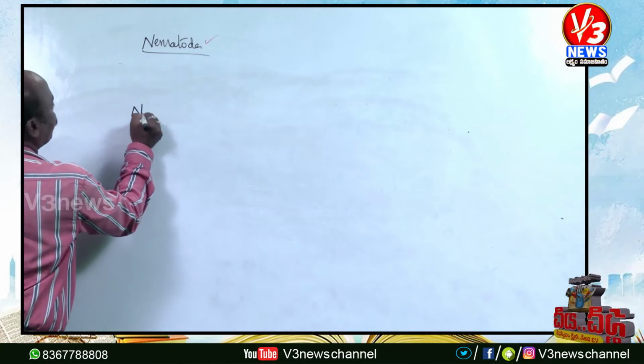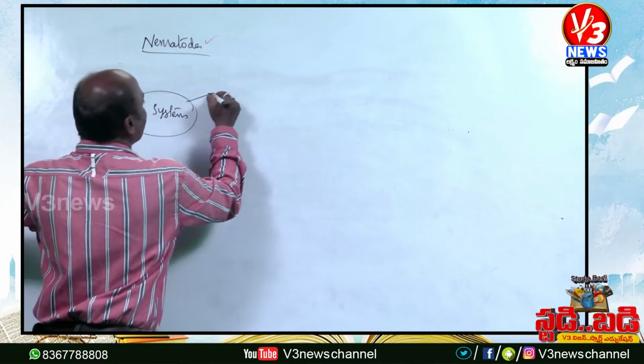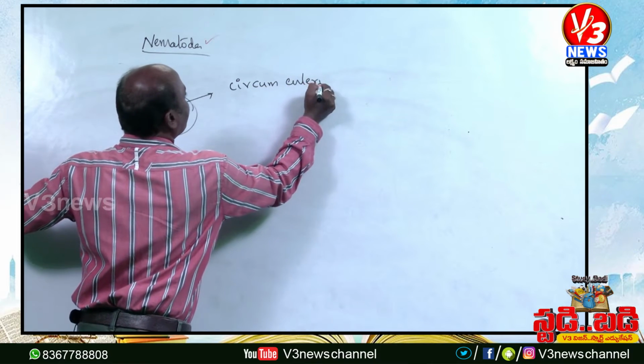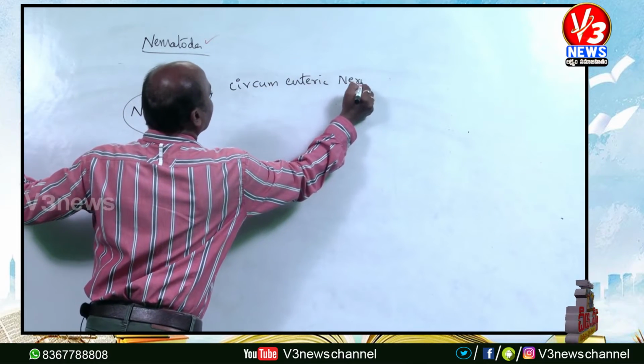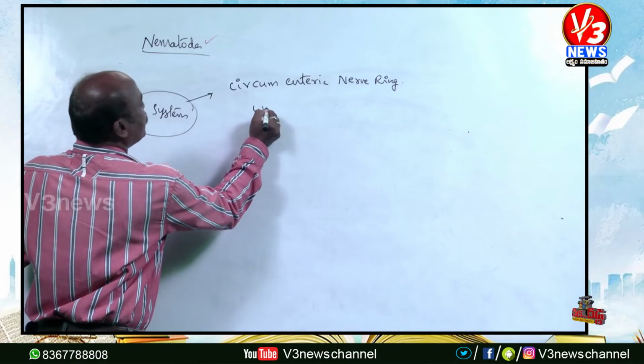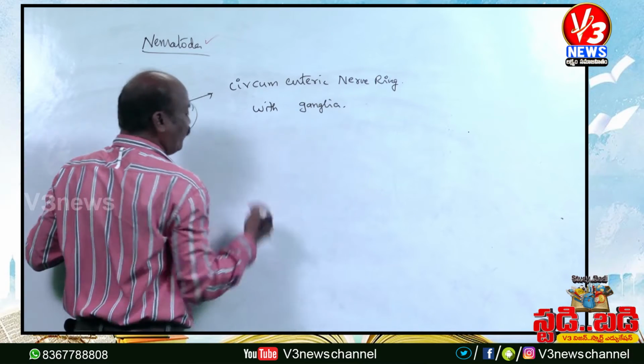Then coming to the nervous system, it possesses a circumenteric nerve ring with ganglia and nerves.